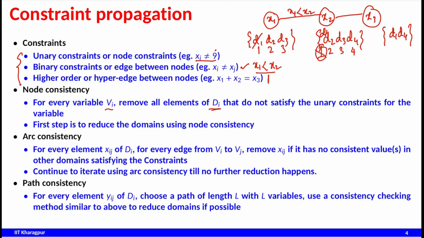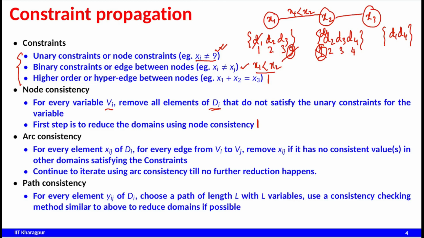So if this is given to me, then I should remove 9 from my list. If 9 exists, I should remove it, so that will reduce the domain values. That is the simplest way to refine this, and it is the very first step. We call it node consistency, and we use only the unary constraints.